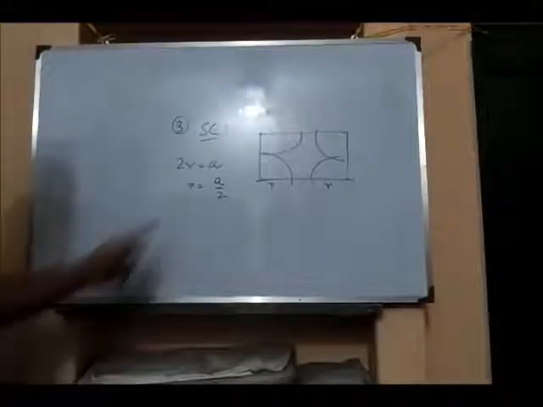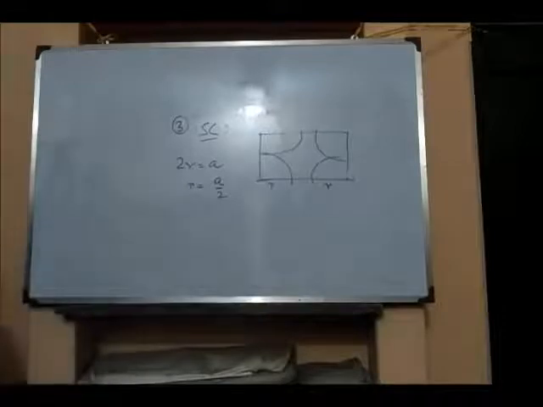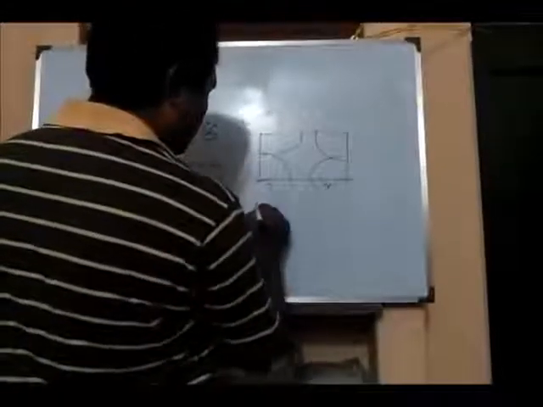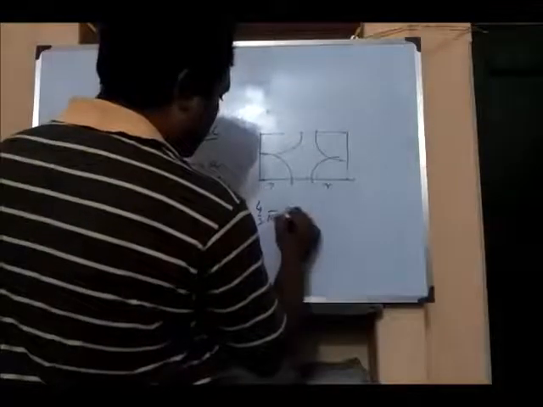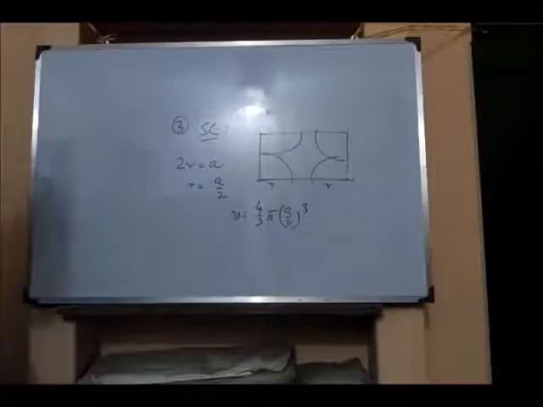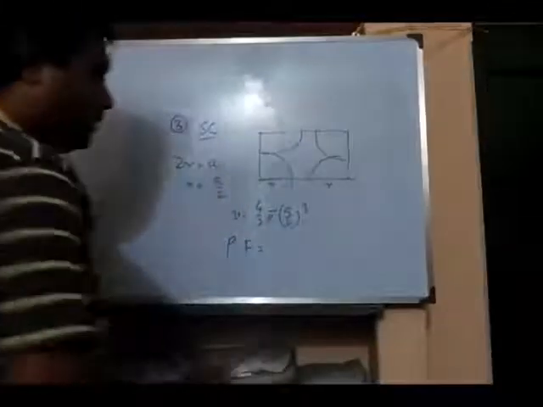Okay, so as R equals a divided by 2, the volume of atoms in the simple cubic is 4/3 pi into a by 2 cubed. Now the packing factor will be 4/3 pi into 1/2 cubed.